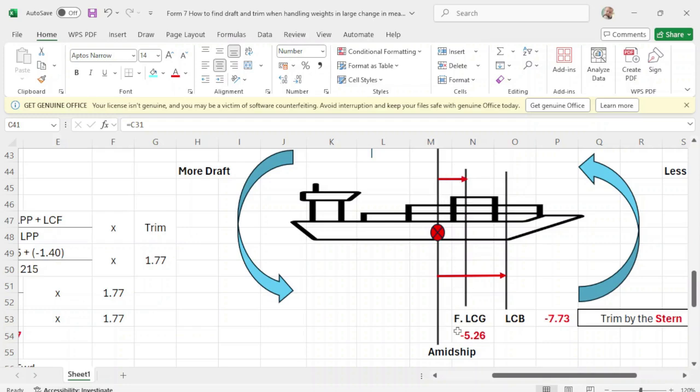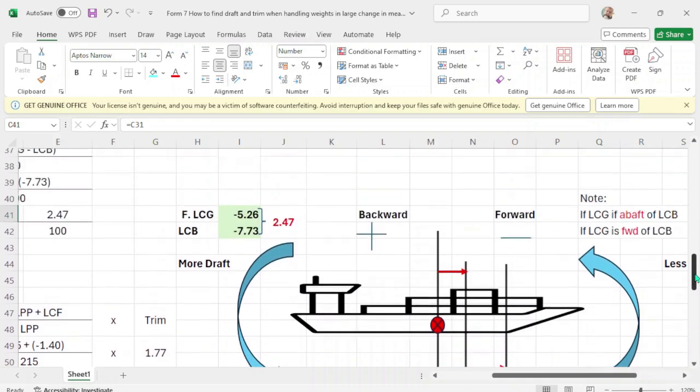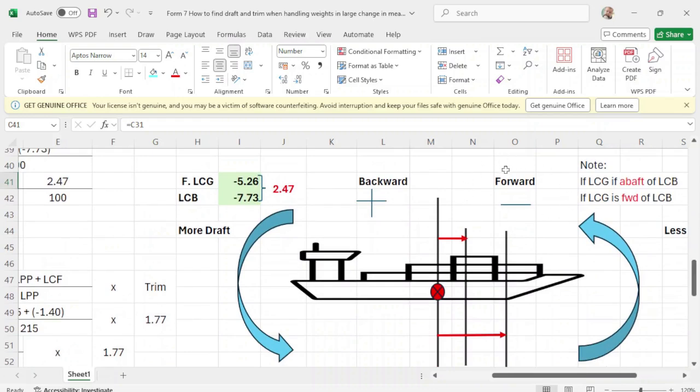This vertical line, that will be negative 5.26. Okay, from the midship or amidship, measured forward, going forward of negative 5.26, that will be your final LCG. Because when you say negative, you are in the forward part of the vessel.